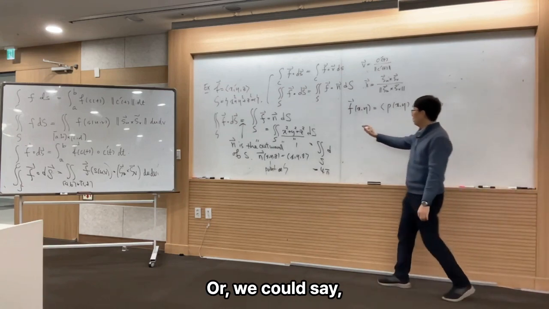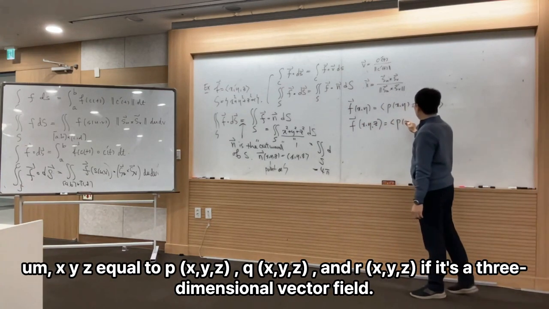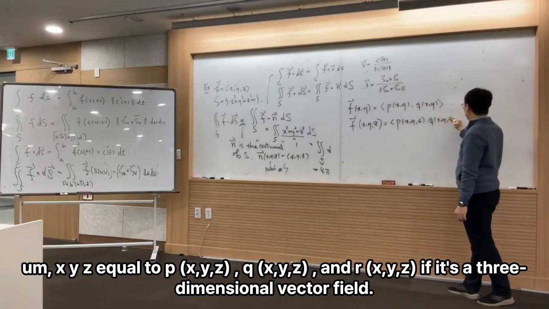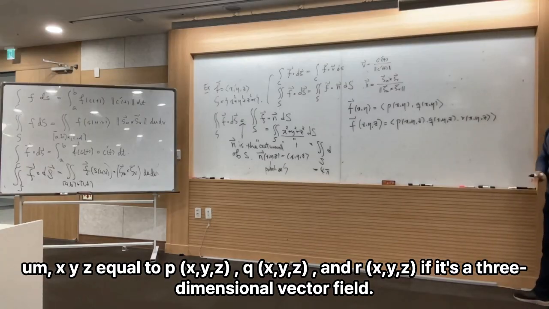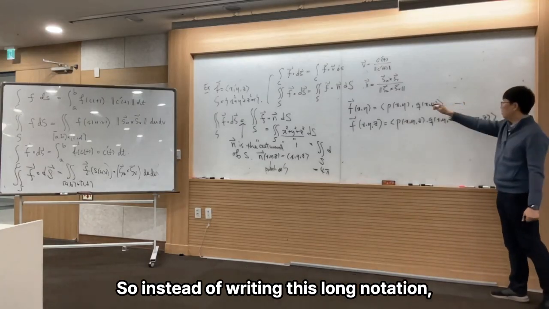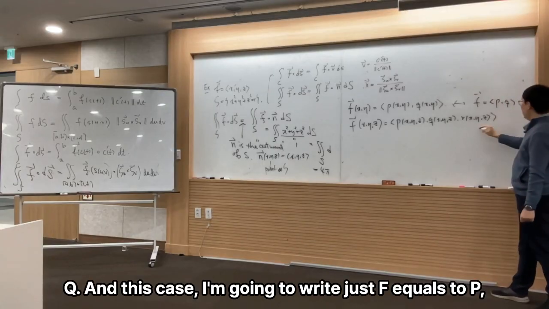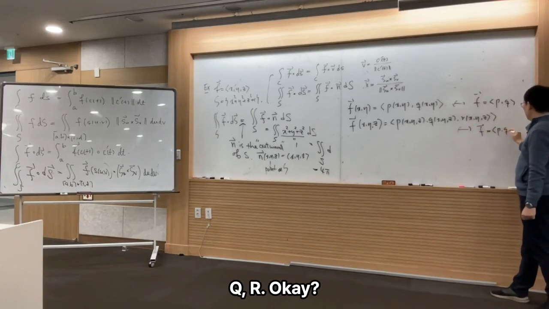Or we could say (x, y, z) is sent to (P(x,y,z), Q(x,y,z), R(x,y,z)), if it's a three-dimensional vector field. So instead of writing this long notation, I'm going to just put F equals (P, Q), and in this case, F equals (P, Q, R).